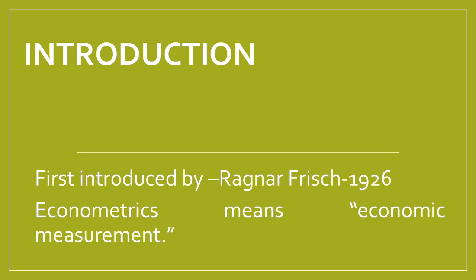It was in 1926, and Ragnar Frisch was a Norwegian economist and statistician. For the first time, he used the term econometrics, and the term was based on the pattern of biometrics. But even before the First World War, econometrics emerged as an independent discipline studying economic phenomena.